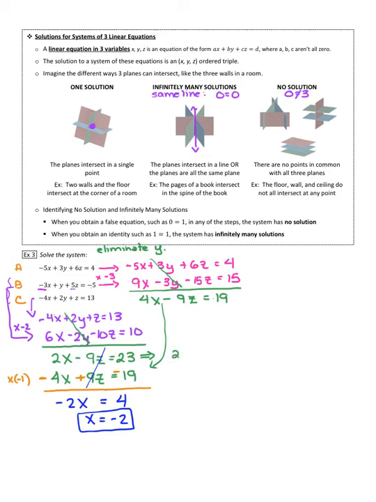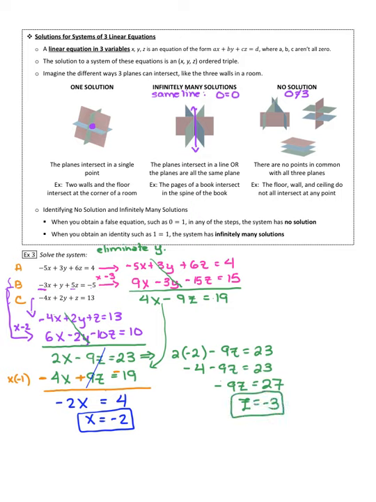We had 2 times x, which we now know to be a negative 2, minus 9z equals 23. So that's negative 4. And then we add 4 to both sides. We still have a negative 9z equals 27. So z is a negative 3.